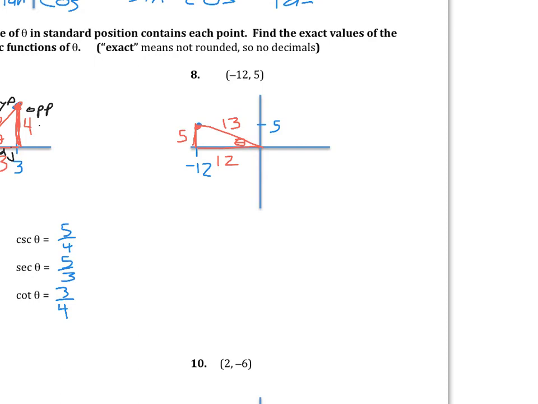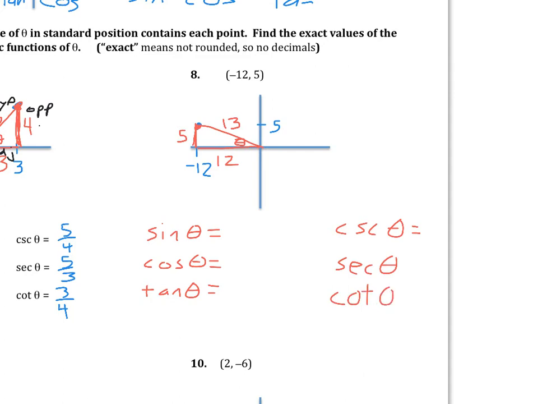Alright, so we have to find all 6. Let me write them beforehand. Sine theta, cosine theta, tangent theta, and their reciprocals. Cosecant of theta, secant of theta, and cotangent of theta.